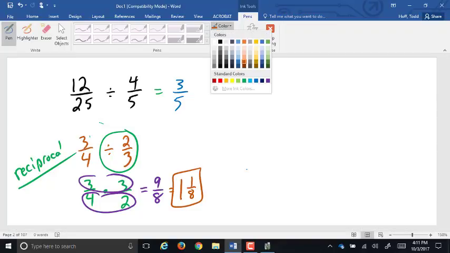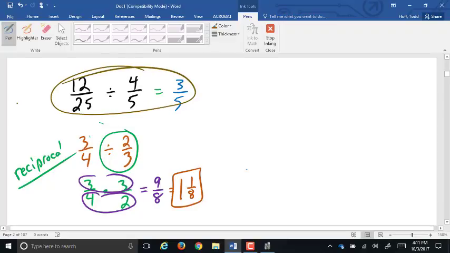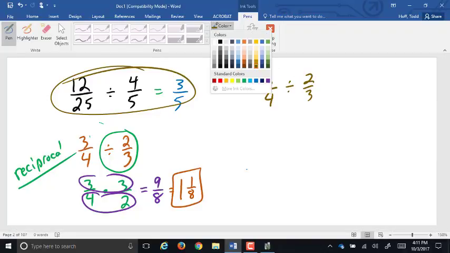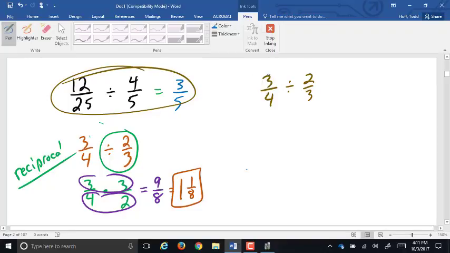Believe it or not, that process of multiplying by a reciprocal came from this process that we saw up here. Years ago, what would have been done here when we had 3/4 divided by 2/3 is we would have looked at the number we are dividing by, the 2/3. Is that reduced as far as it can go? Yes, it is.